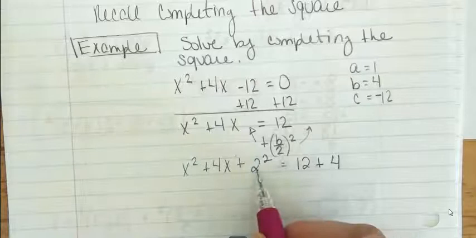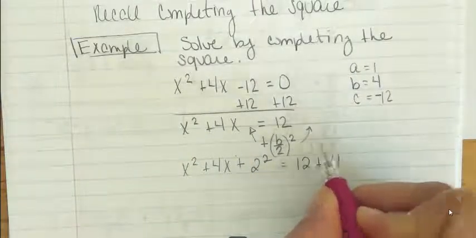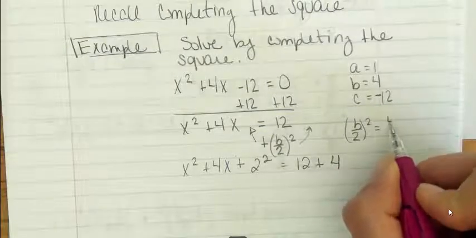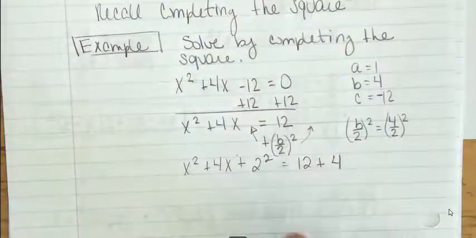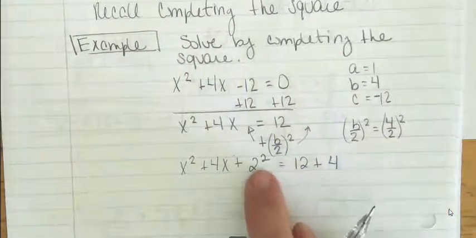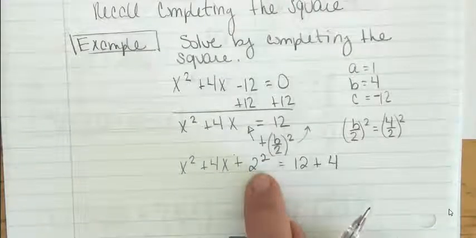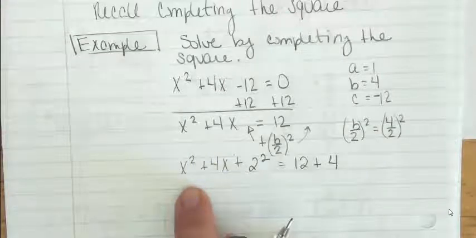Now, the reason I do this, okay, and maybe I should write it over here. So b over 2 squared is the same as 4 over 2 squared in our scenario here. And that's where the 4 divided by the 2, I got 2 there. So 2 squared. Now, the reason I write it like this is because this is basically a perfect square trinomial, which can be rewritten as a binomial squared.